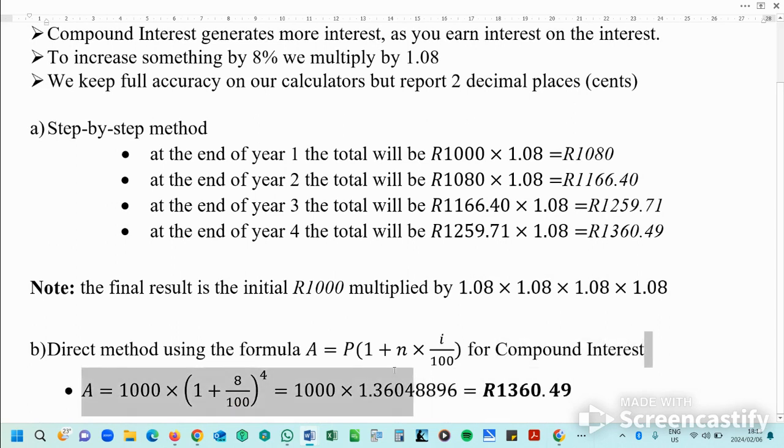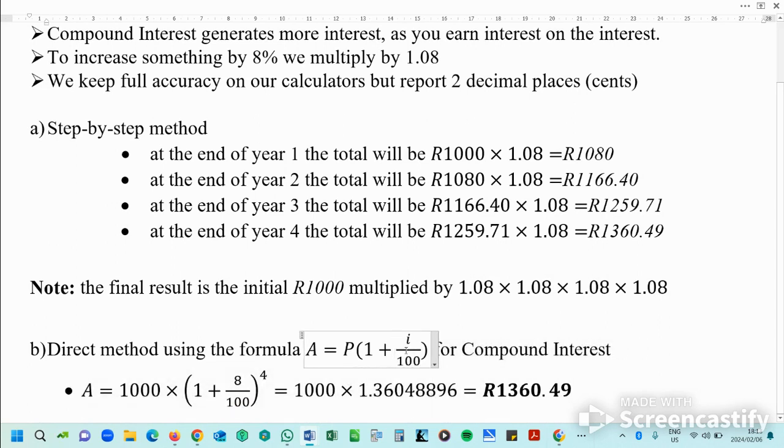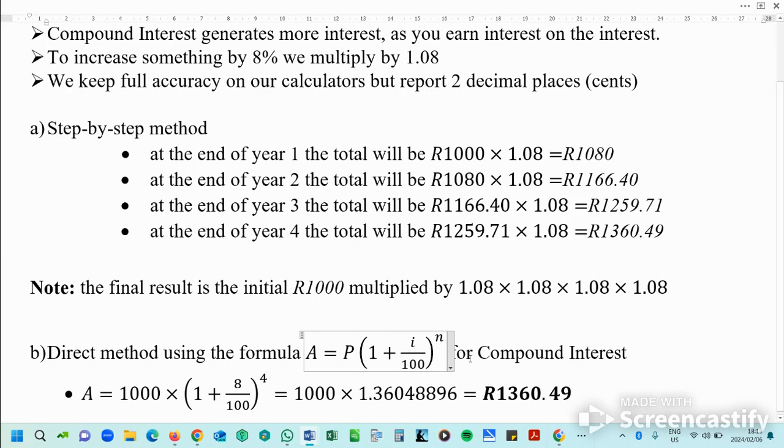It's a different formula, as I said before, and I need to just correct it here so that you can see it. It's actually that. The n, which was inside the bracket for simple interest, becomes the power of the bracket for compound interest.